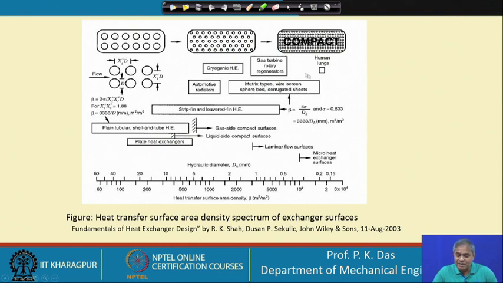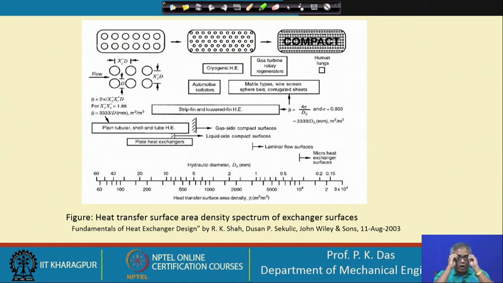With this, there is a comparison with an organ of a living being, the human lung. We can see the human lung is much more compact compared to the man-made heat exchanger which has been shown. The human lung is an organ within the human body, but it also serves the purpose of exchange.